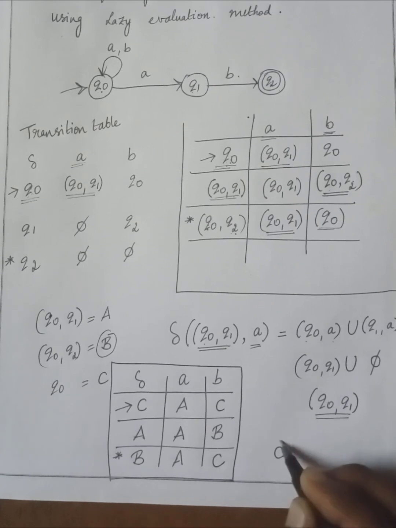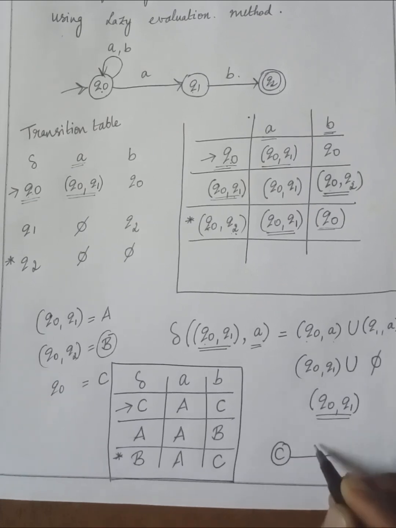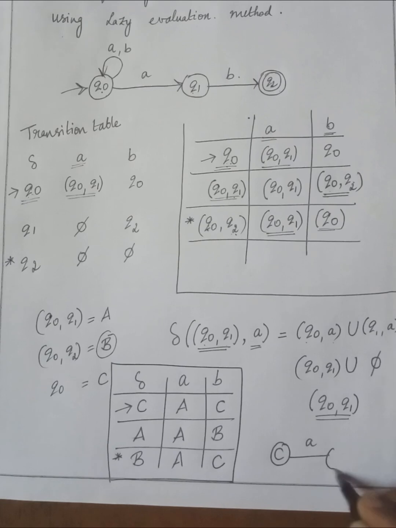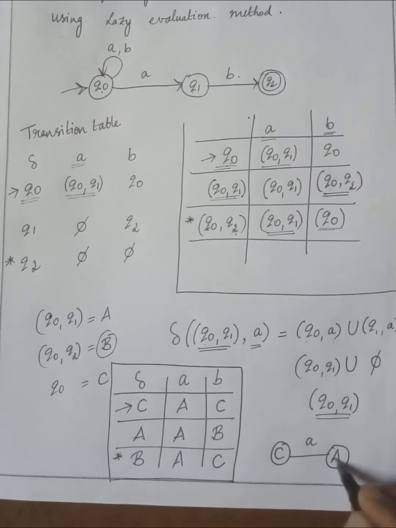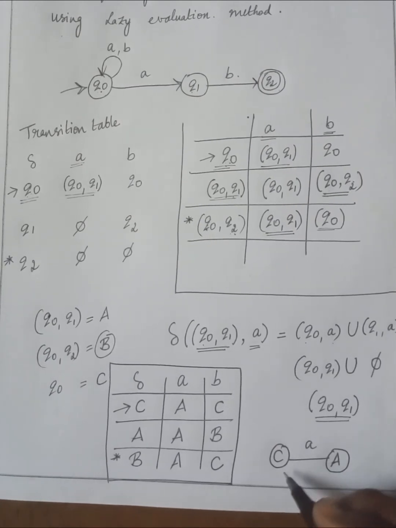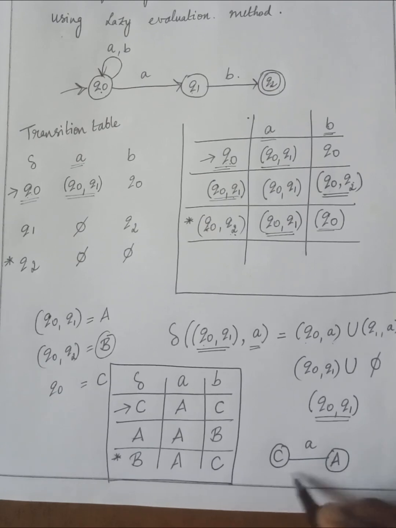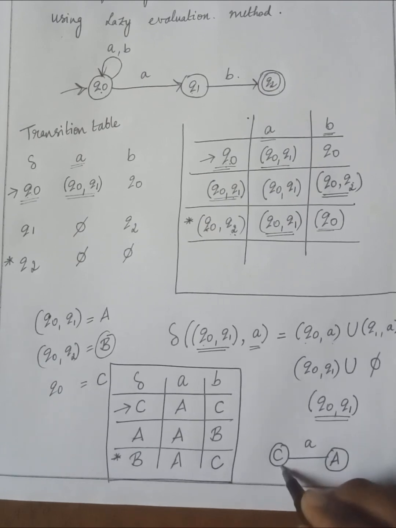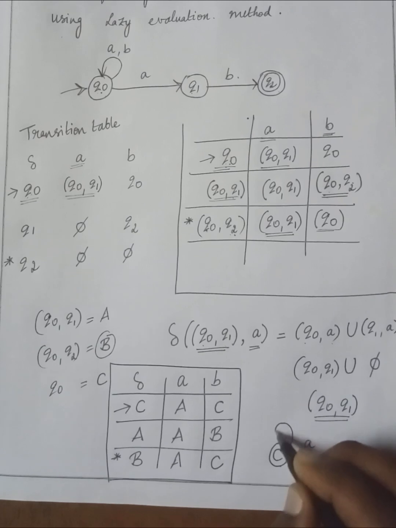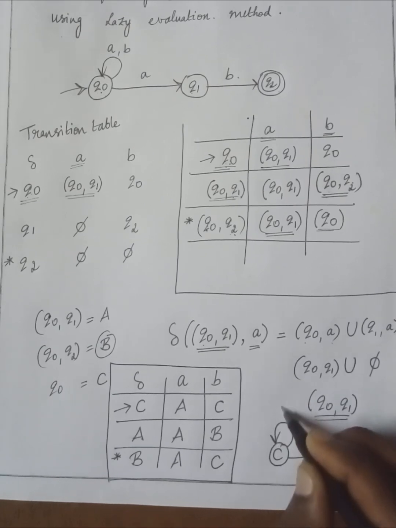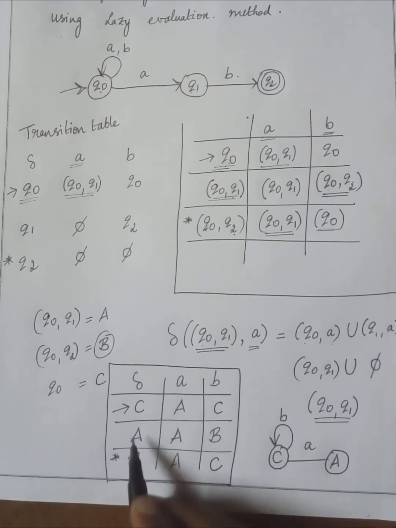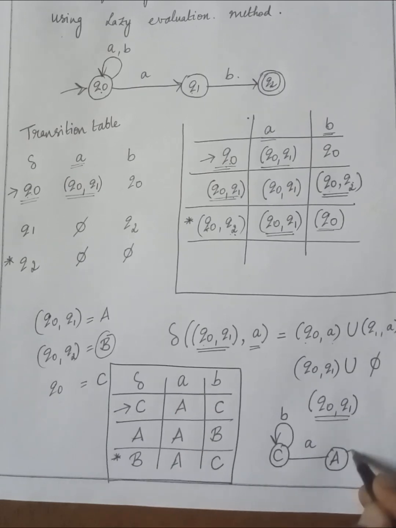C state on A input goes to the A state. C on the B input goes to the C state, a self loop, you can put C state on B input. In the same way, A on A goes to a self loop.